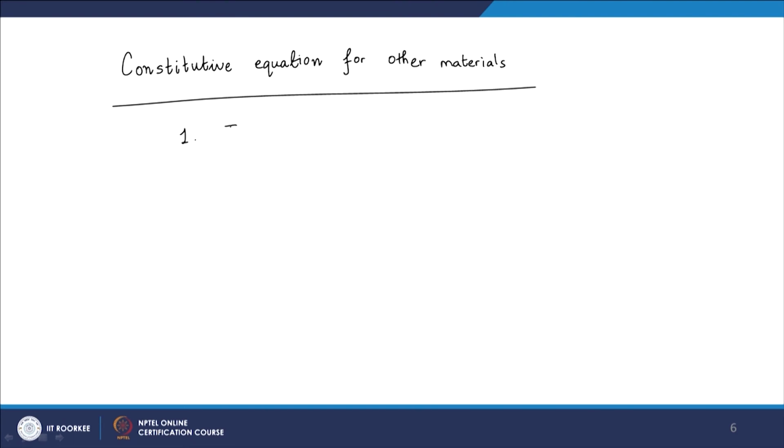For example, if we have an ideal elastic material, the constitutive law is... and this is the general expression that also accounts for compressible substances. If it is incompressible, then we can have simplifications to this expression.